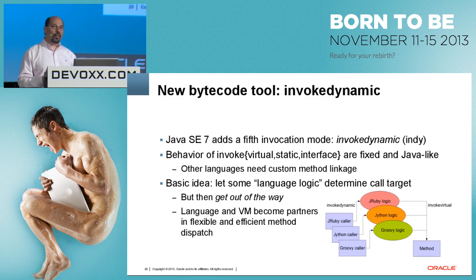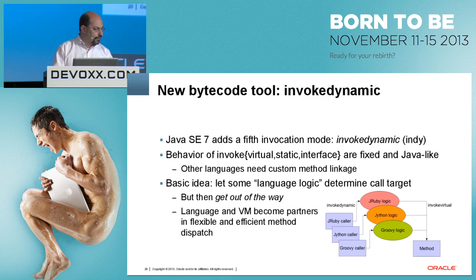And we talked about how this is another level of indirection. You don't want to be indirecting through that language logic on every invocation, because that would slow things down a lot. That would be like invoking things reflectively, which is okay if you're doing it once, but if you're doing it a lot, it's not going to be fast enough. So the idea is the language and the VM become partners.